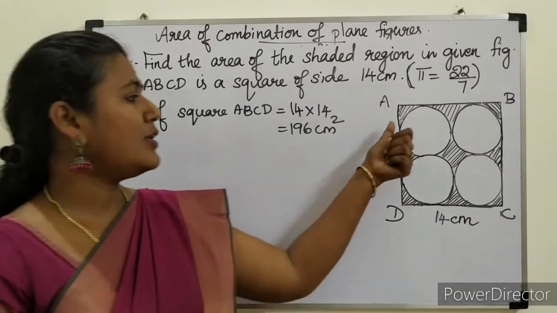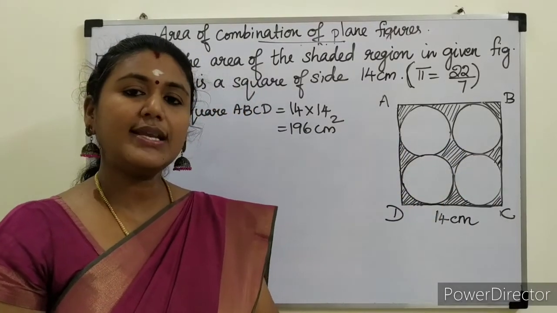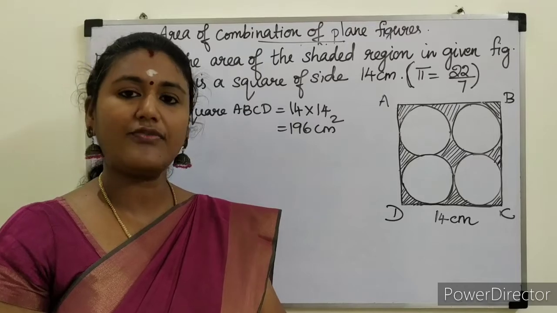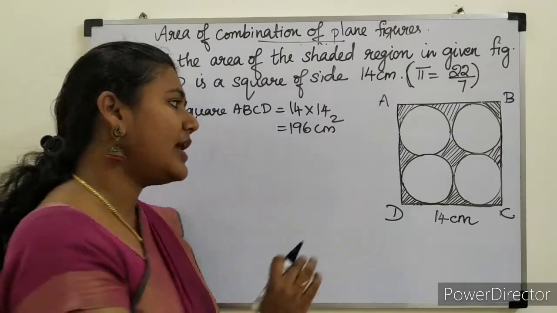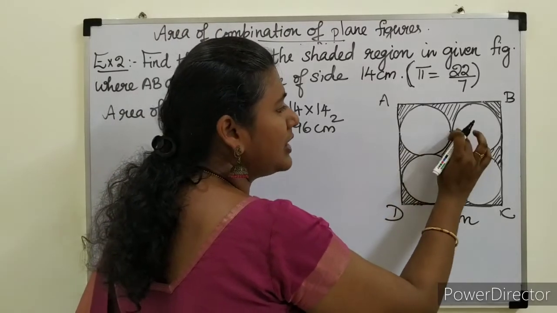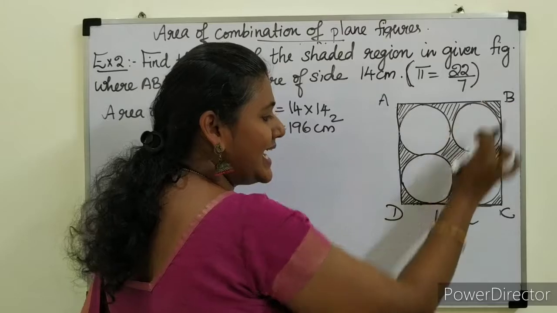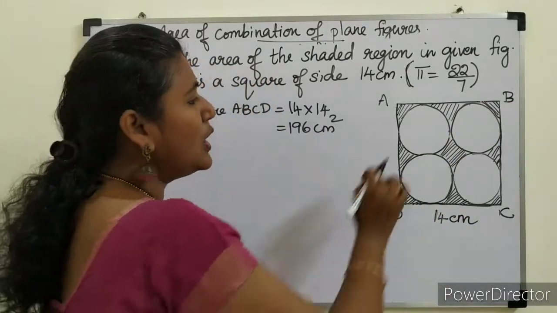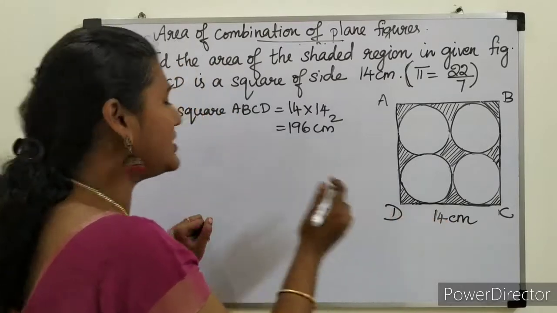Now we will find the area of these four circles. For finding the area of the circle, we need the radius of the circle. Here, if you see, the diameter of these two circles together is actually the side, 14 centimeter. So the diameter of a circle will be half of this.